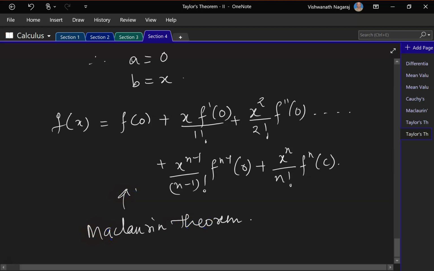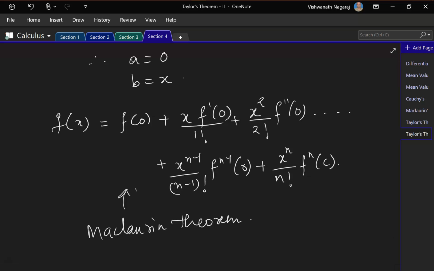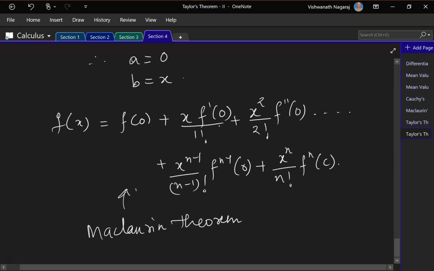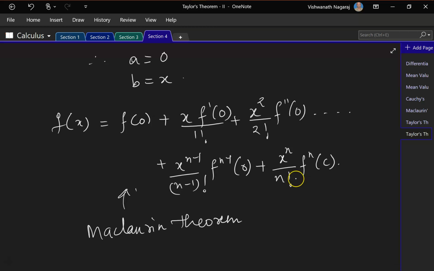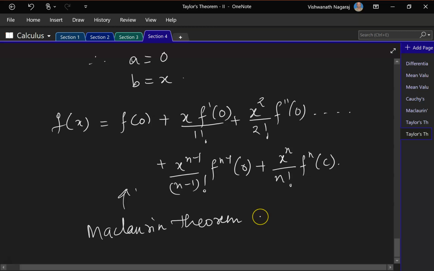In Taylor's theorem, if you say a equal to 0 and b equal to x, or rather if you say f of 0, it is Maclaurin's theorem. But here in the previous session we looked at Maclaurin series up to infinity. Now here we are terminating the series at some point.